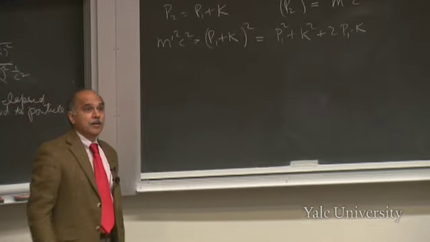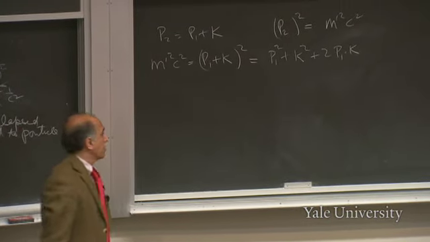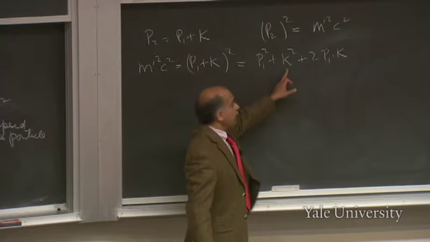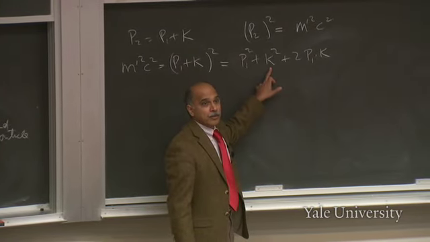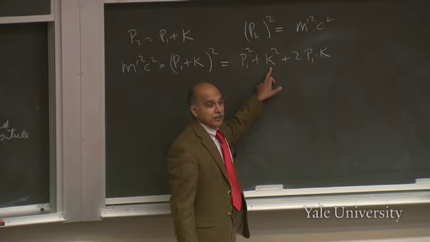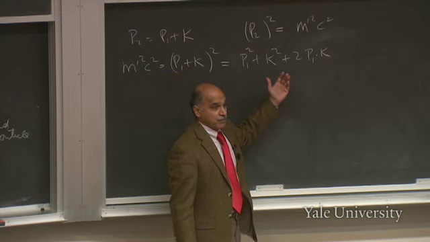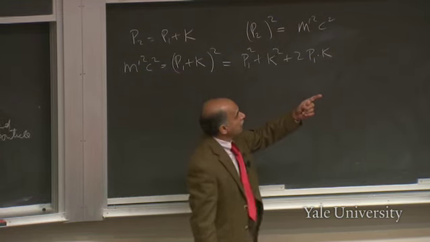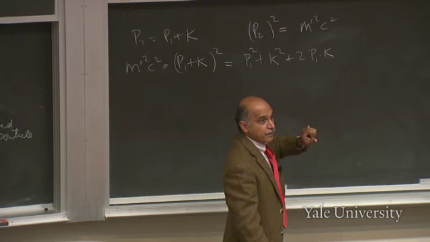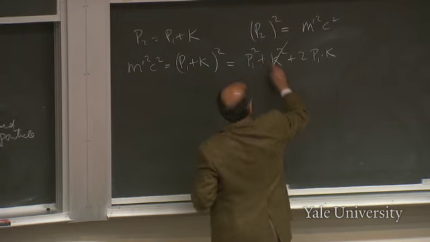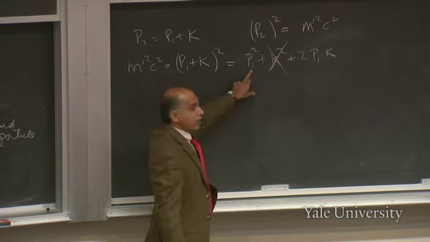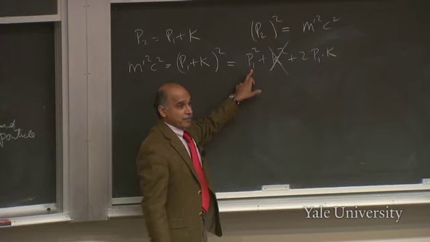Yes? K squared is 0 because of what? For any particle, the square of its momentum is really the square of its mass times c squared. For photons, I told you long back, k dot k is 0. You don't have to worry about that. How about the square of the momentum of me?